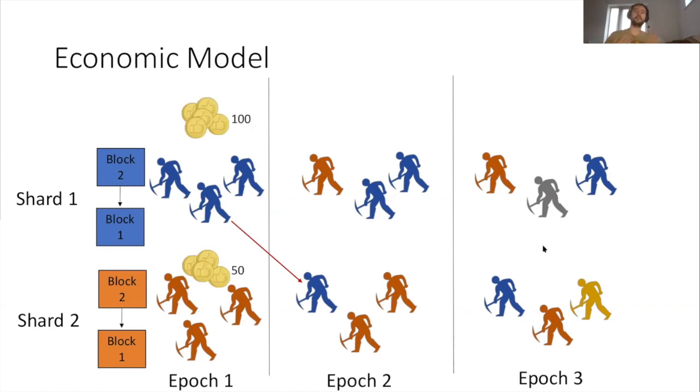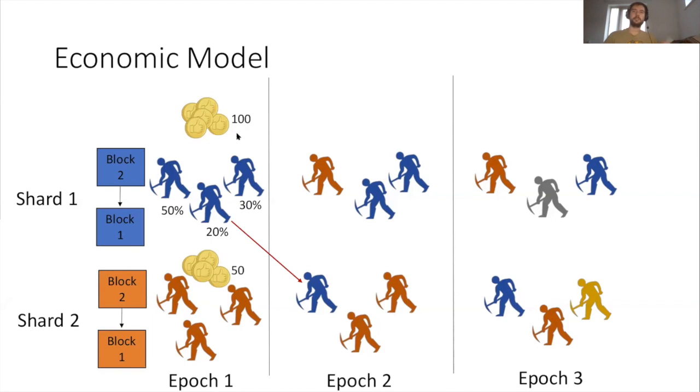So now for every epoch, we calculate the total amount of fees gathered in every shard. So here in shard 1, in epoch 1, we see that this shard collected 100 coins in the total fees. Then for each miner, we calculate the participation. So what percentage of this entire amount each miner collected. So our miner here collected 20% of this 100 coins.